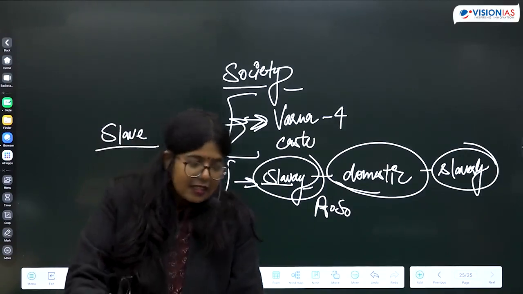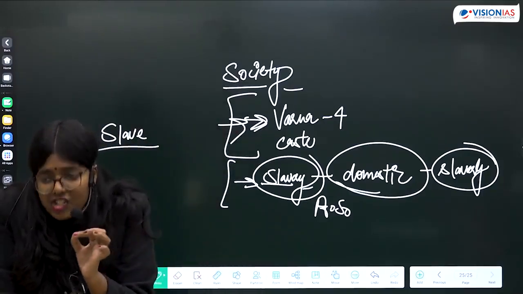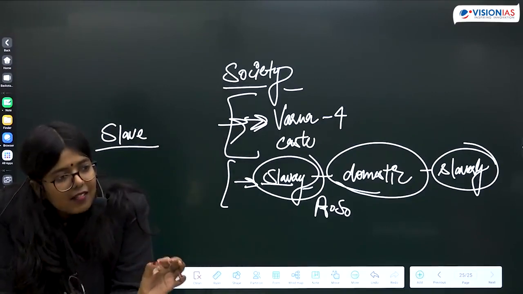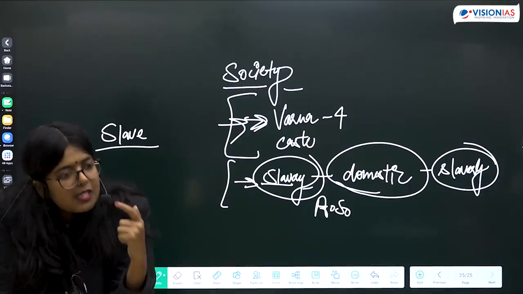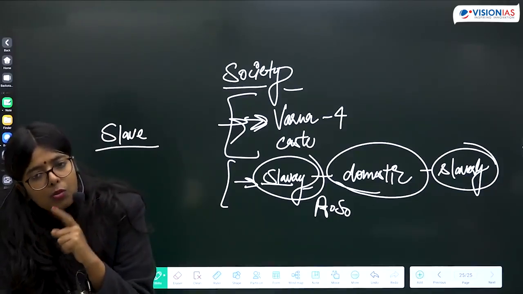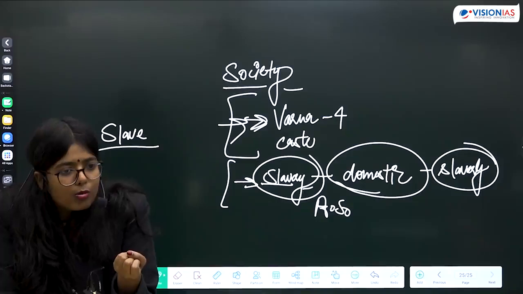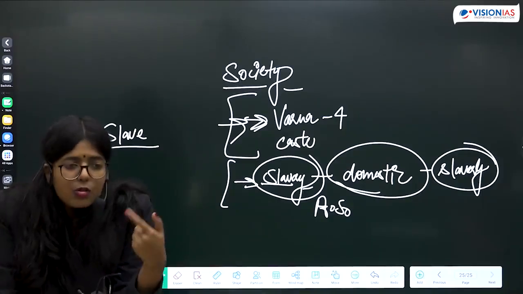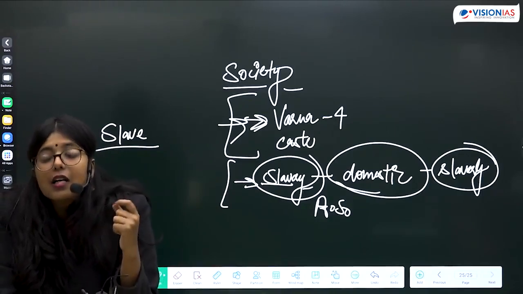Arthashastra says that if a person is selling an Arya child as a slave, that person will be punished. Not only that person, but also the one who is witnessing this act happening will also be punished. So this is the kind of attitude that Arthashastra has towards slavery.